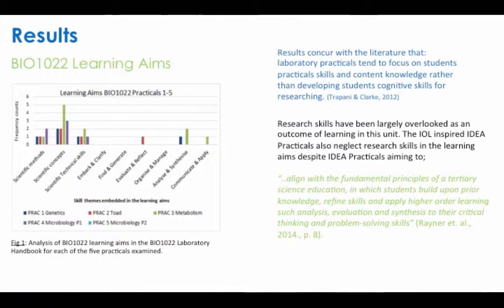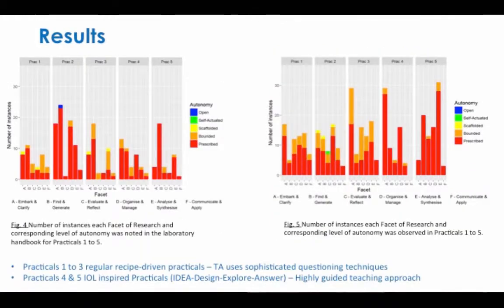So these 2 tables here, the one on the left, is from analysing the lab handbook. Each one of those boxes represents each prac, and this graph on this side is the analysis of the student observations in the prac itself.